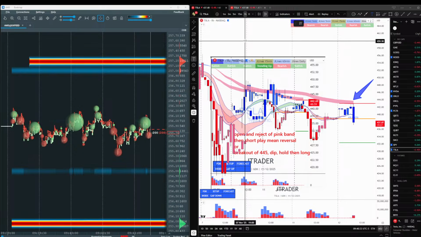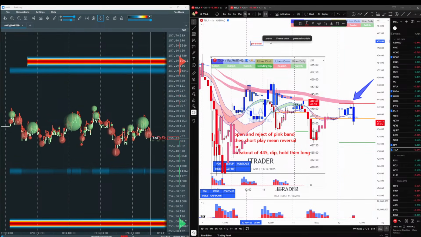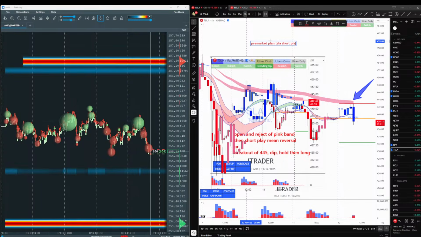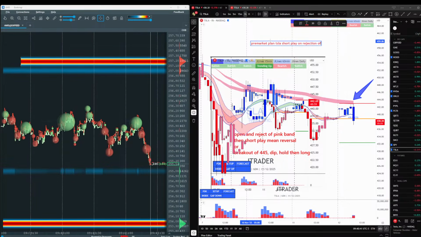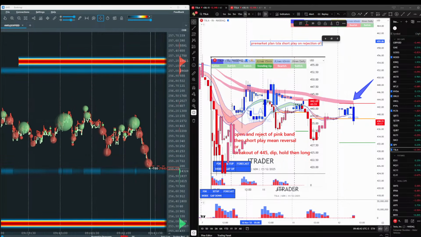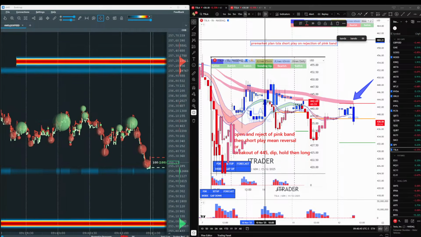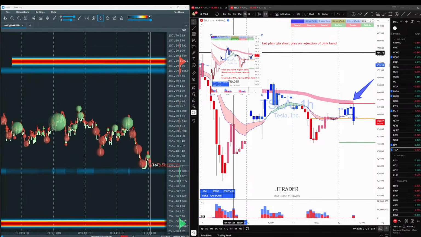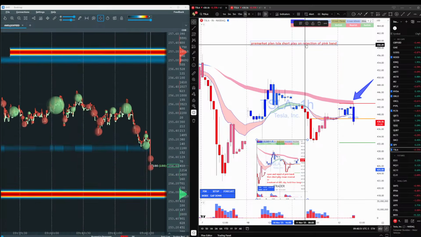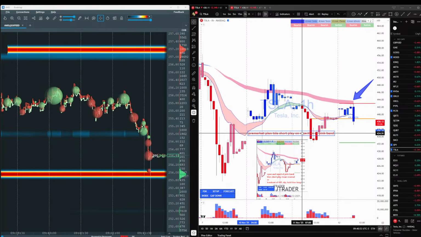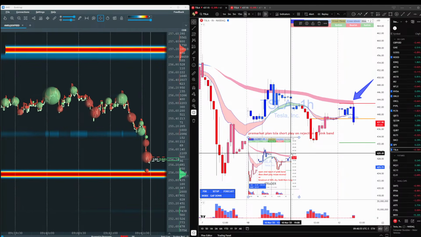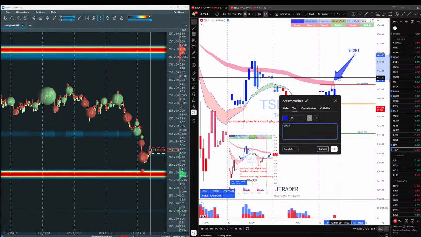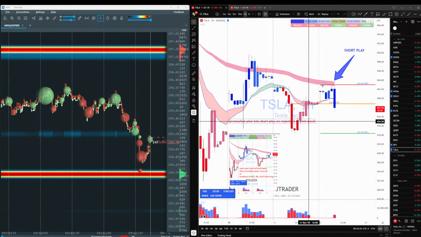So we can write over here, pre-market plan Tesla, short play on rejection of pink band. You see it, right? Short play. Actually, let's put it red.